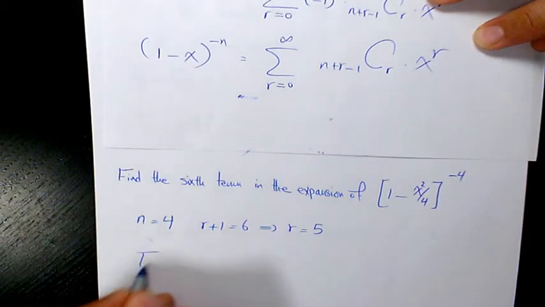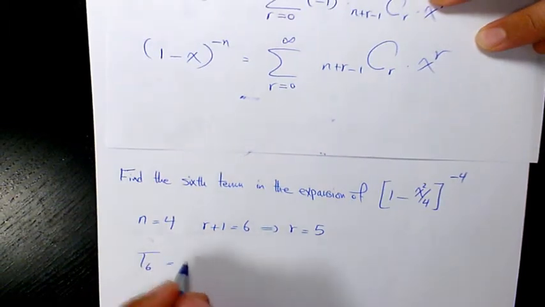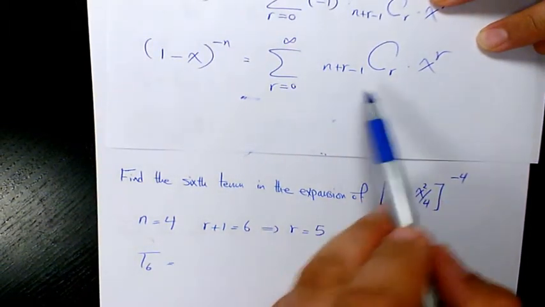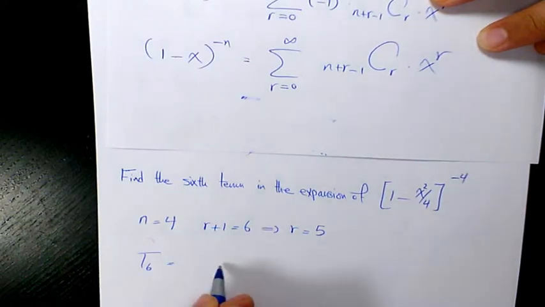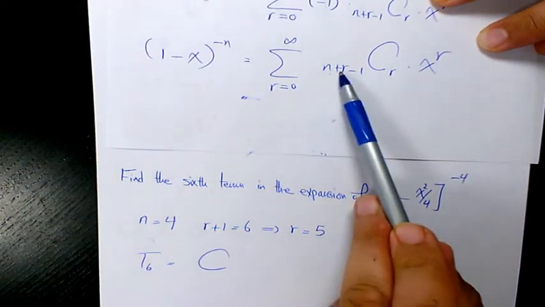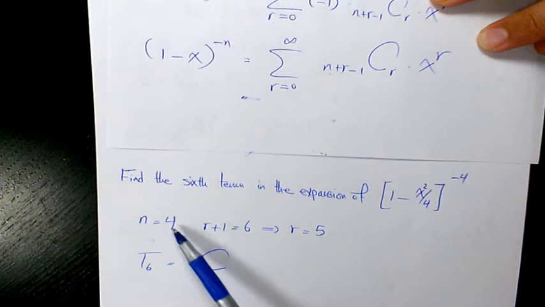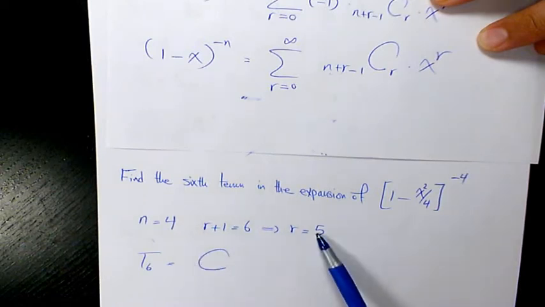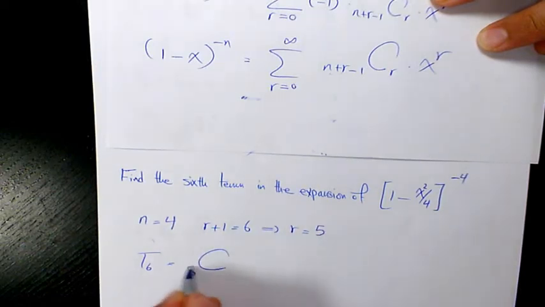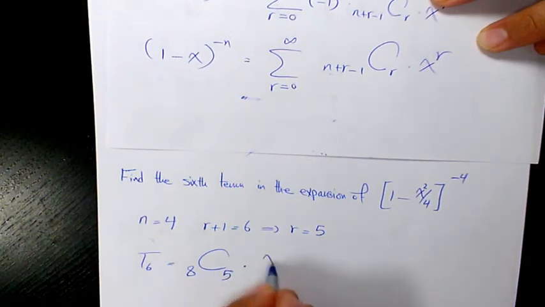So T6 is going to be n plus r minus 1, so 4 plus 5, 9, minus 1, 8, Cr, which is 5, times x squared over 4 to the power of 5.